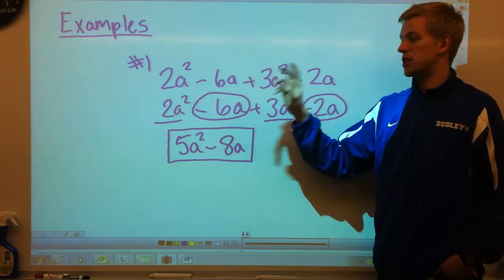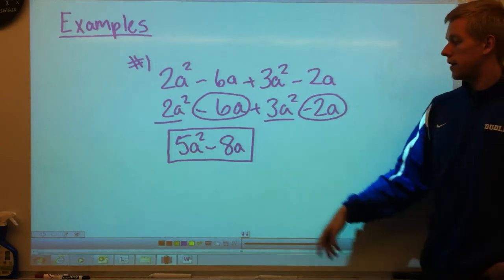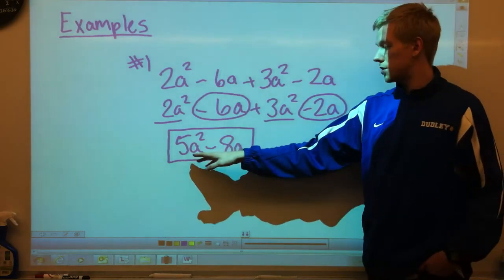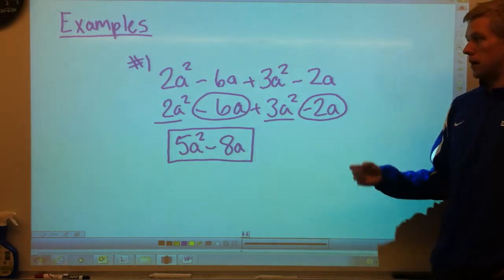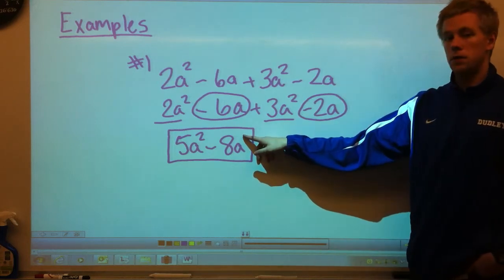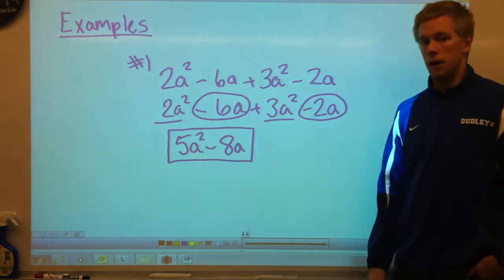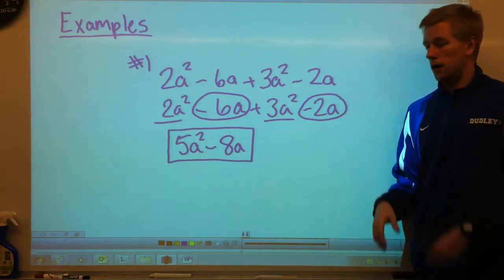It's just imaginary, I guess. So we have negative 6, and we combine that with negative 2. That gives us a negative 8a. So my whole polynomial, my answer, will become 5a squared minus 8a. That is just combining the like terms. And again, don't add your exponents. You only add the coefficients, the big numbers in front of your base and exponent. So that's an example of adding or combining like terms.